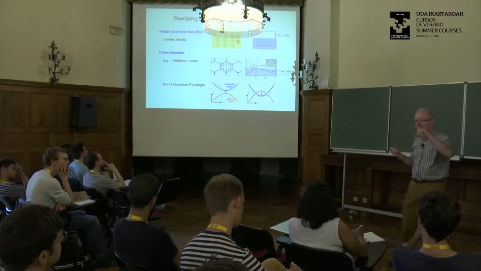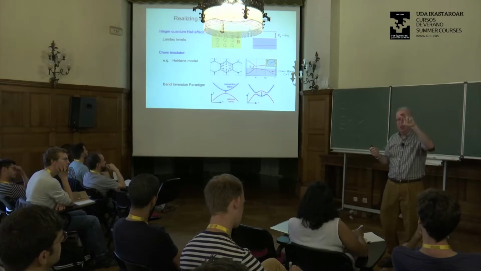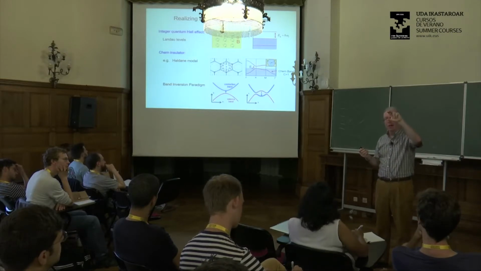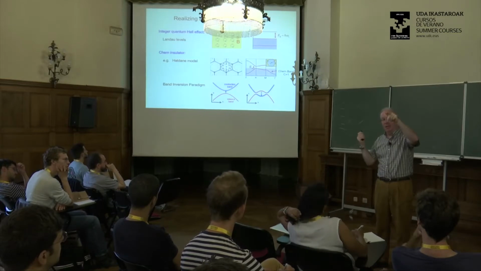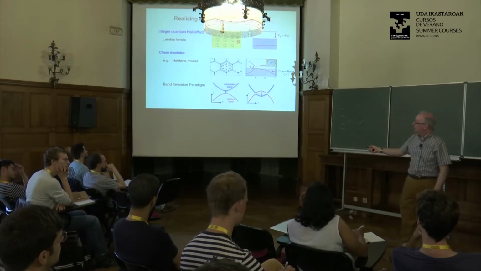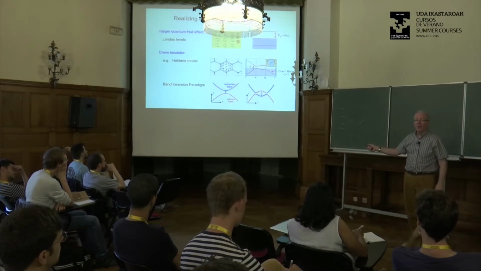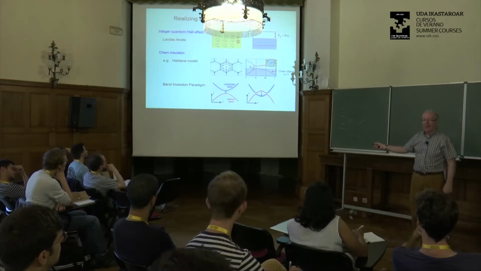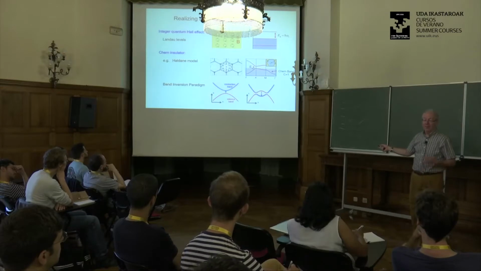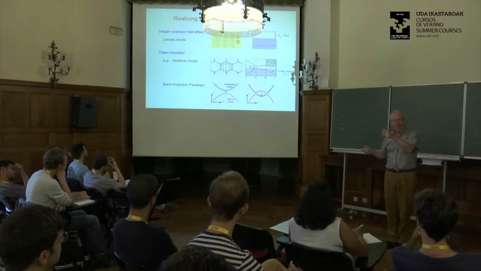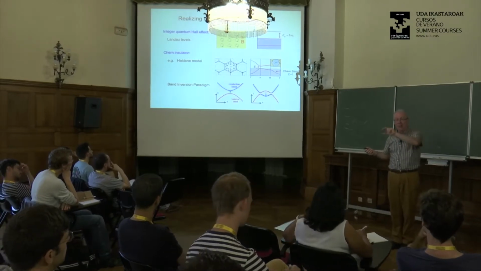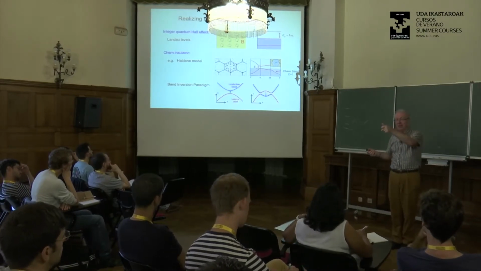You need to go through a transition where the conduction band and the valence band touch each other, and then the gap opens up again, and maybe they can open up on the other side. And so thinking about these band inversions is a very powerful way of thinking about topological insulators in general. You get from a trivial to a topological insulator by doing some kind of band inversion.